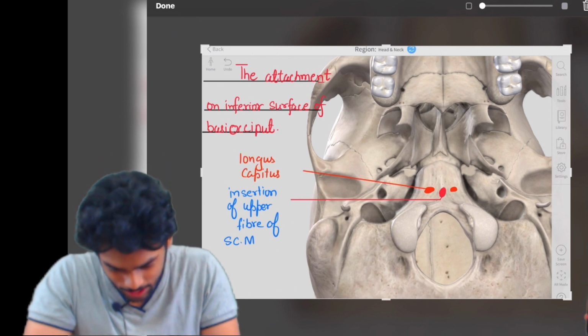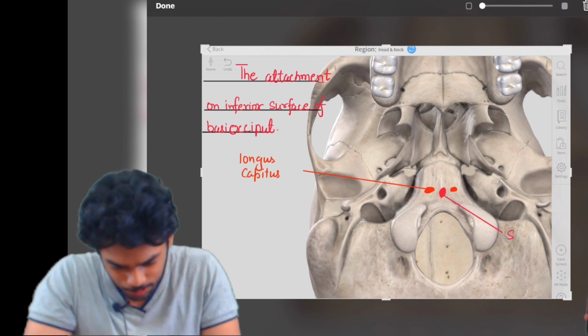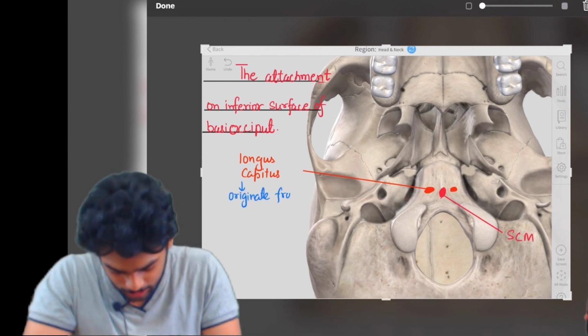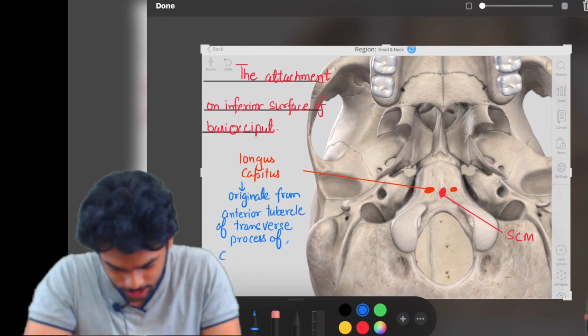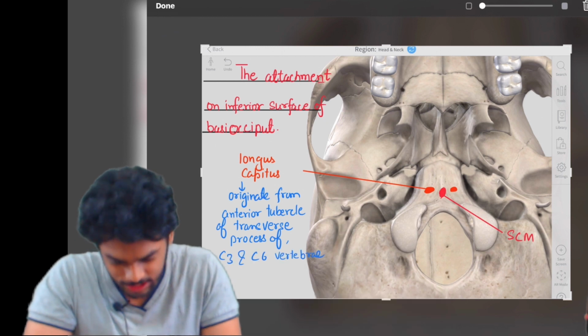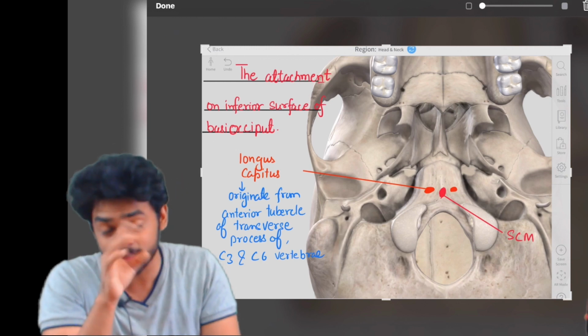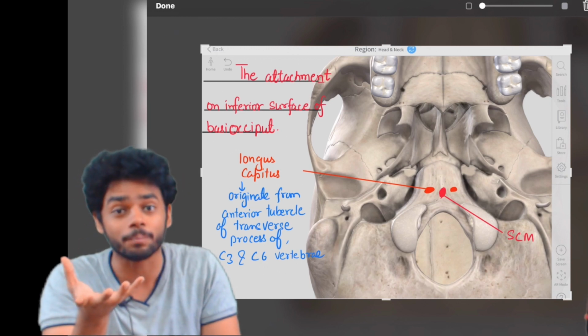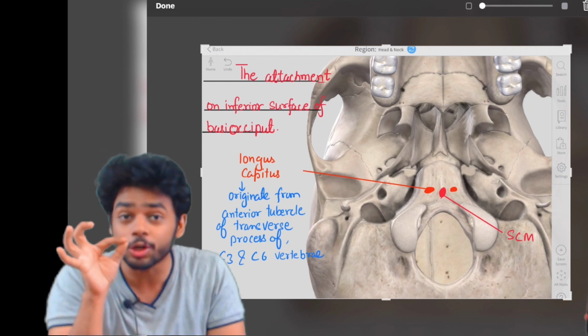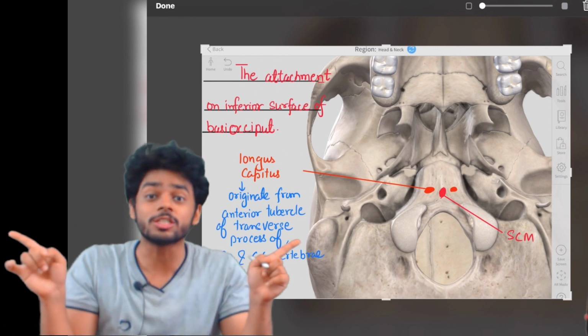Let me remove this part so that I can explain it. This originates from the anterior tubercle of the transverse process of the C3 to C6 vertebrae. C3 means cervical third and C6 cervical sixth vertebra. There we have an anterior tubercle from the transverse process.